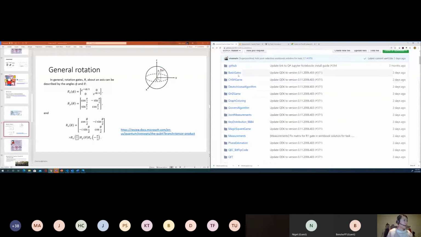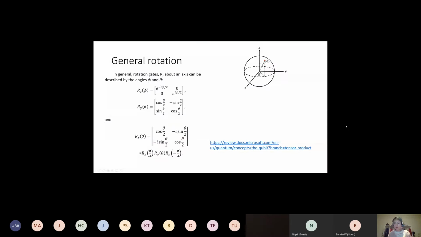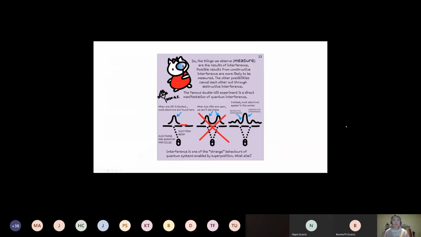So we are already at 9 o'clock. I just want to quickly show you a couple more slides related to the measurements. The double-slit experiment is one of the experiments physicists in the early 1900s and later did to discover there are quantum effects.